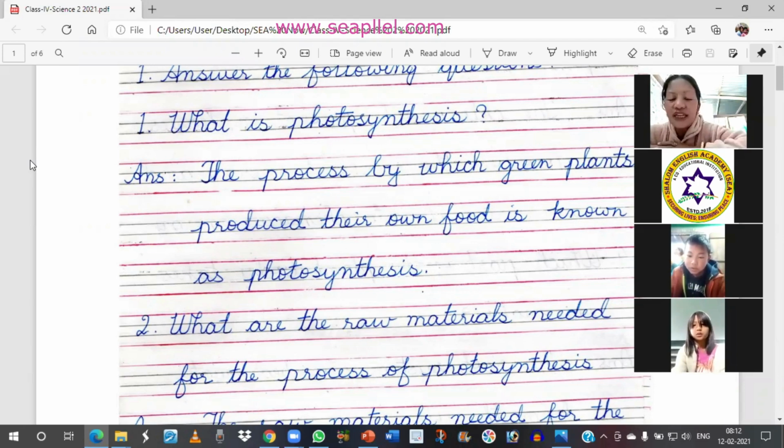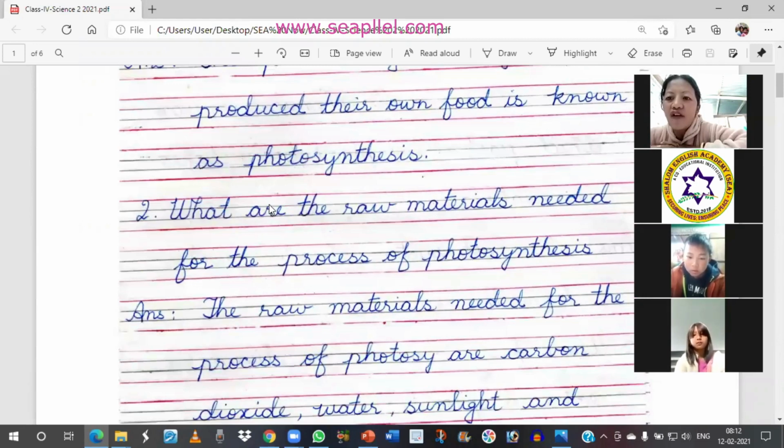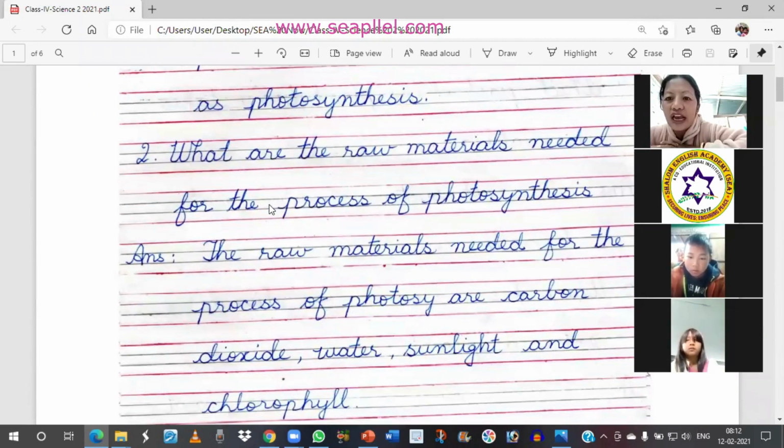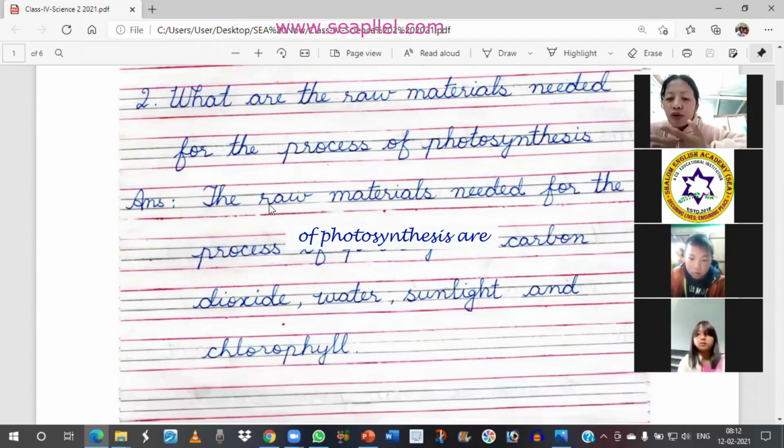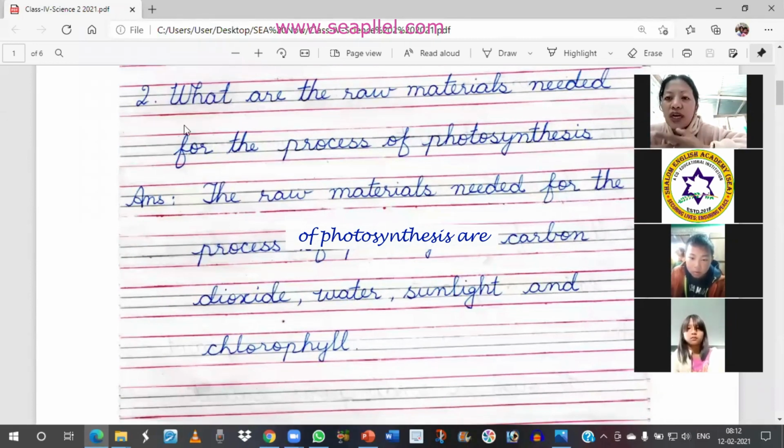Now the next question is, what are the raw materials needed for the process of photosynthesis?